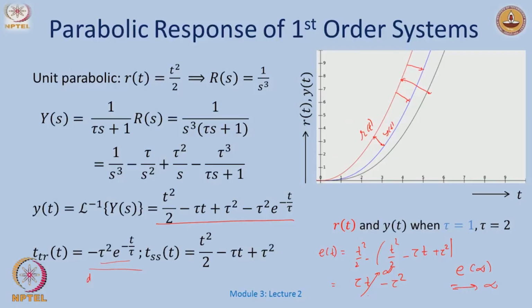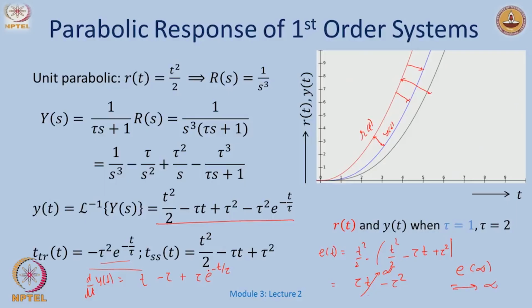So, d over dt of y(t) in this case would be t minus tau, and then here you will have plus e power minus t over tau, 1 over tau will be here.